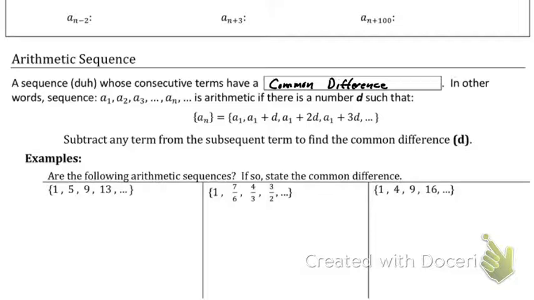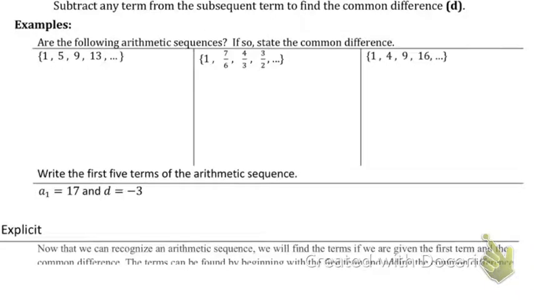So the first examples are, we're just supposed to determine, are these arithmetic sequences? If so, we're going to state the common difference. Now, for common difference, we're just going to use a lowercase d. We're going to say d equals something. So in order to have a common difference, every one of these must be the same distance away from each other. So what I'm looking at is, I'm looking for addition. So to get from 1 to 5, I would add 4.